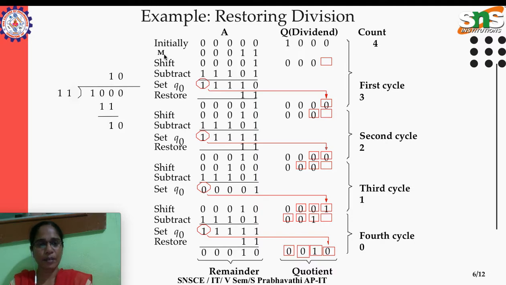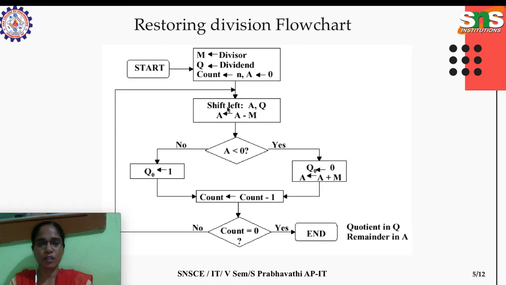M is the divisor, represented in 5 digits: 3 zeros followed by 1 1. Count is 4, because the dividend has 4 digits. Initially the count is 4, and at the very first step of the restoring algorithm, we just shift left AQ, is it not?